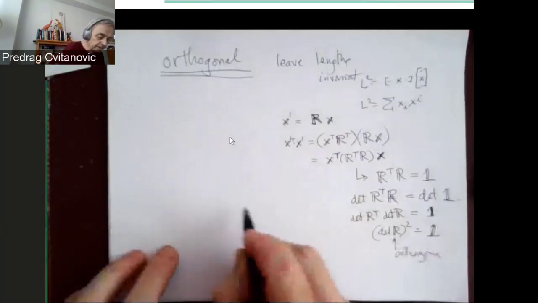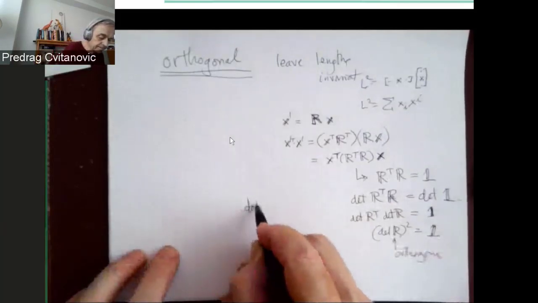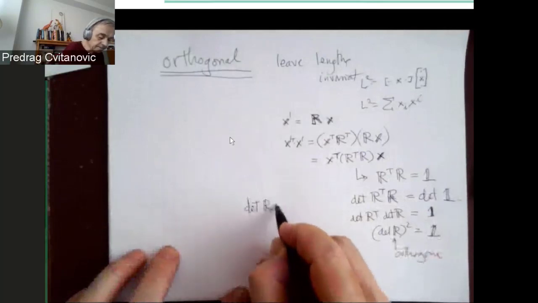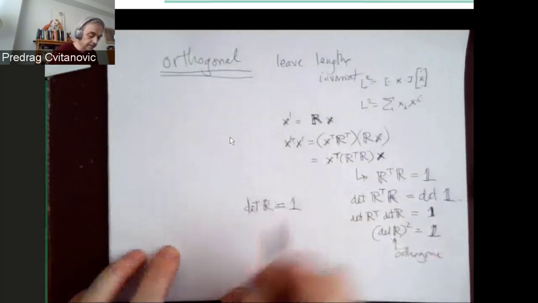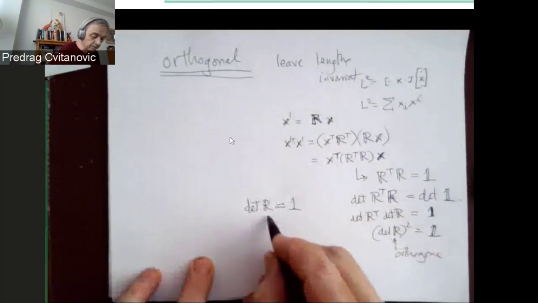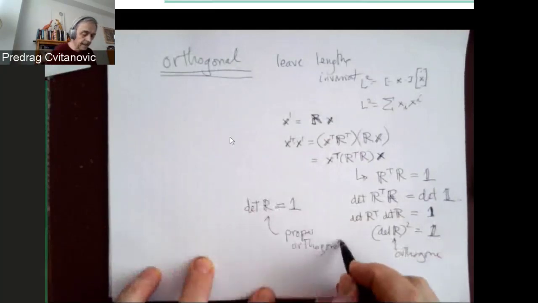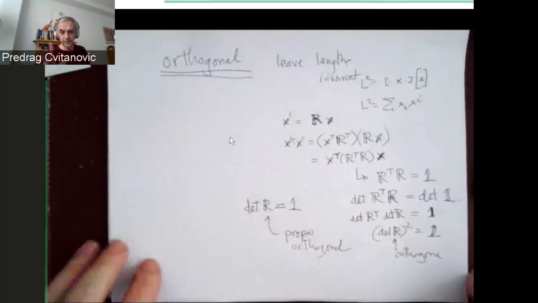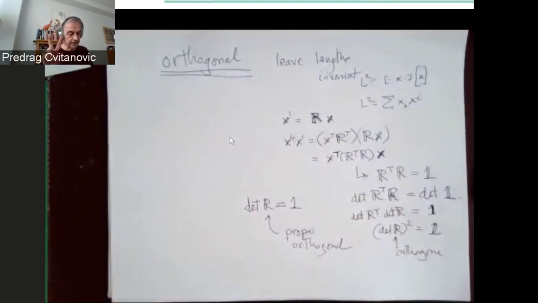Now, if the determinant of R is 1 and not minus 1, that's called proper orthogonal. And that has to do with what we study in determinants. So for example, in 2 dimensions, the determinant is the area between its two vectors that define the edges of a parallelogram.